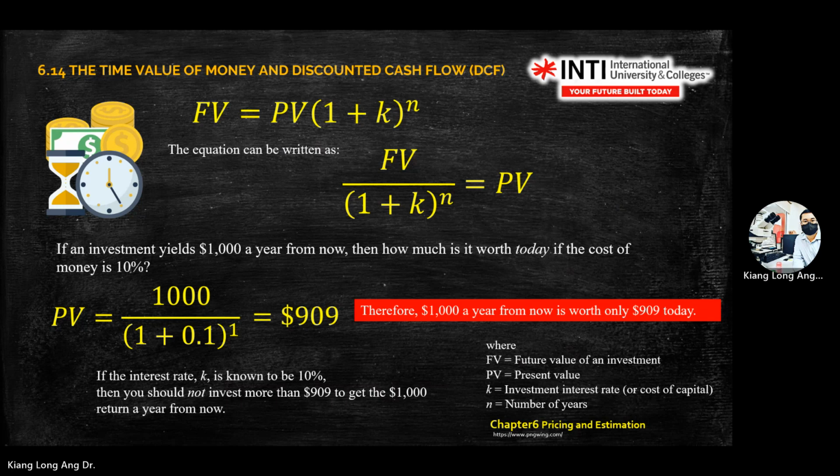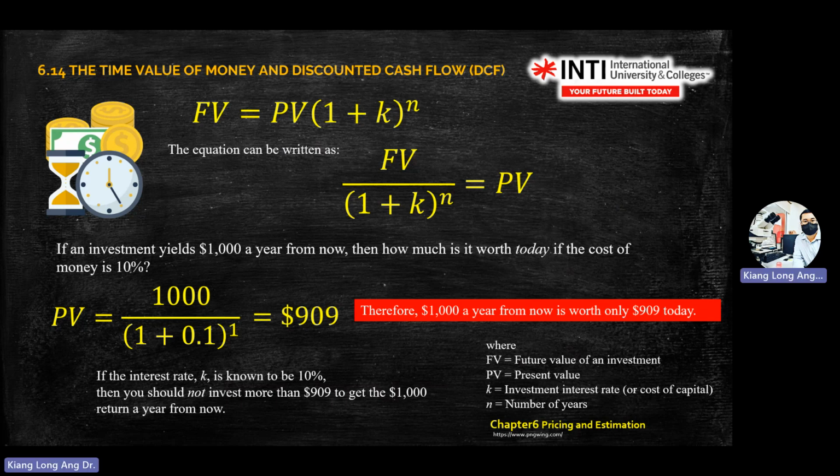So how will this equation help you in your investment? If the interest rate K is known to be 10%, then you should not invest more than 909 to get the 1,000 return a year from now. Means you cannot go more than $909 if you know that the interest rate is 10%.